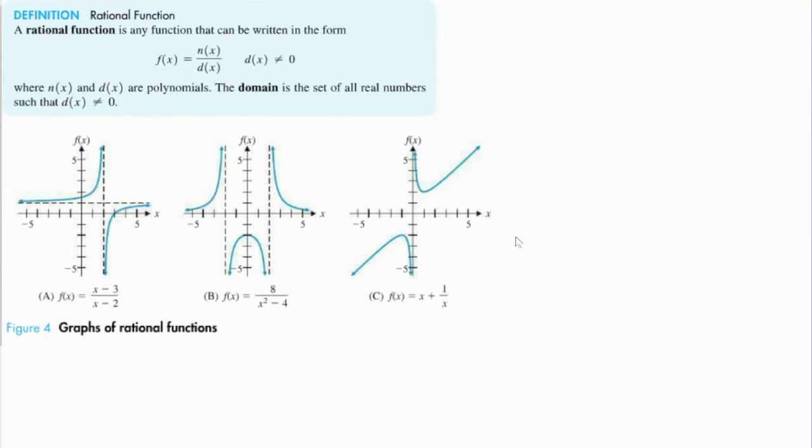So they've given us some graphs to look at down below. Example A, we have f of x equals x minus 3 over x minus 2. That gives us this split graph. We call these branches of the rational function's graph. And these dashed lines are the asymptotes.